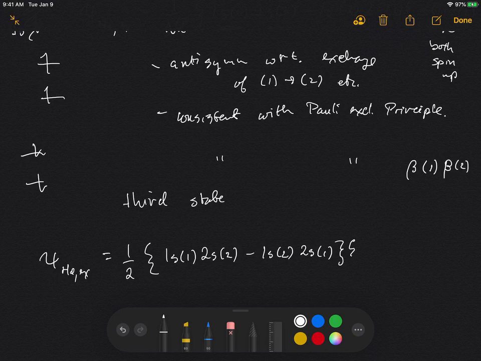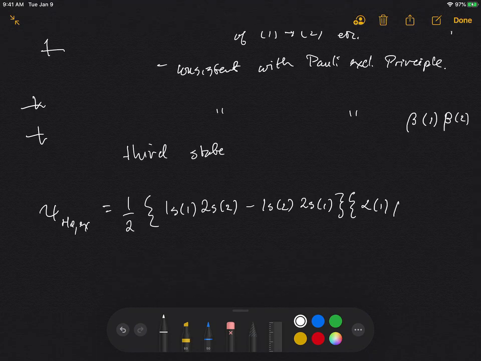Then there's also this other part, the spin part, which looks like this, where you have alpha 1 beta 2 plus alpha 2 beta 1, and curly brackets. Those last two are supposed to be multiplied together. Sort of ran out of space.